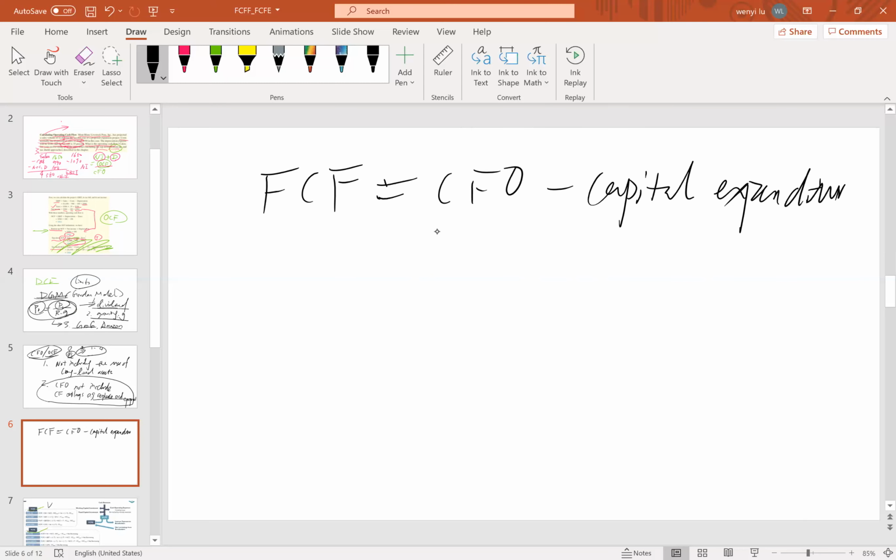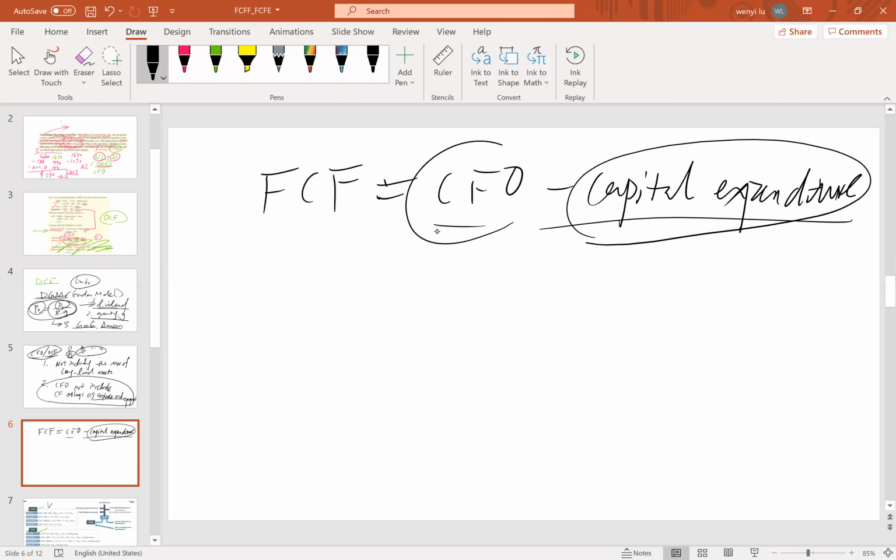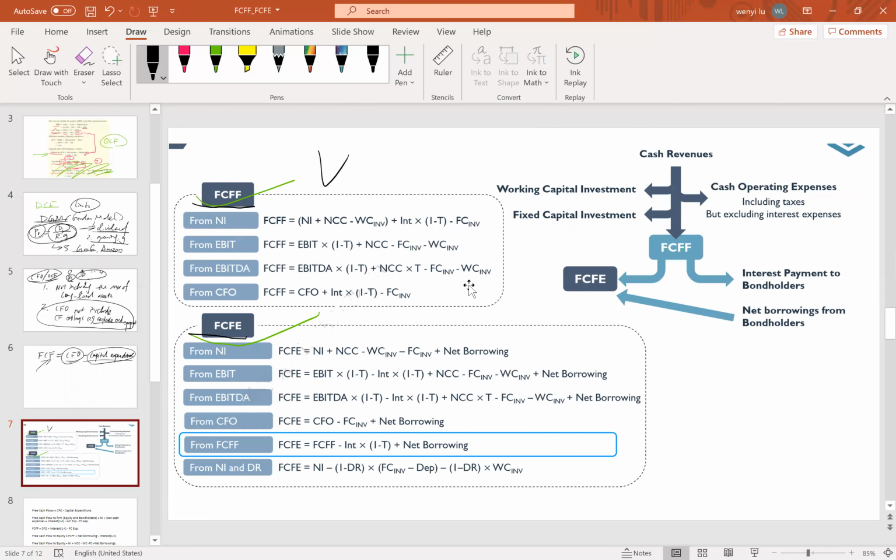If you have long-term capital, you need to have depreciation, and for the short term, you need to consider working capital control and long-term capital spendings. These will be taken out from the operating cash flows to solve free cash flow.